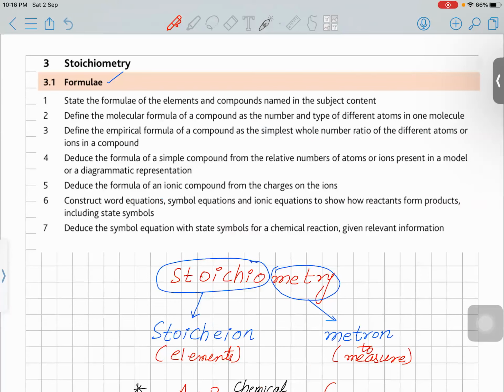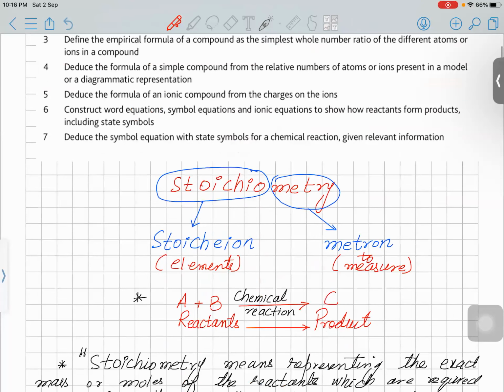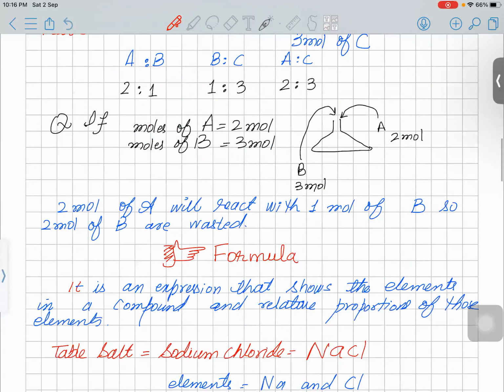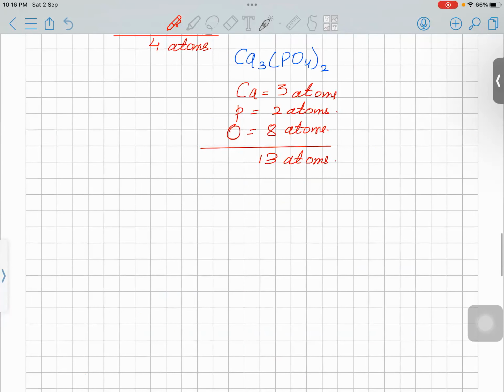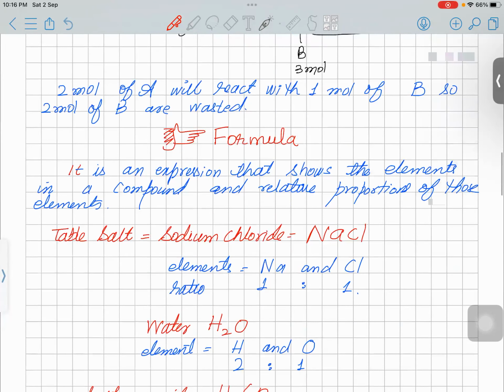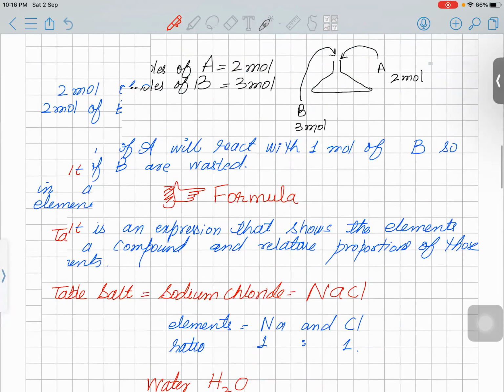These are all molecular formulas. The complete name of formula is molecular formula.